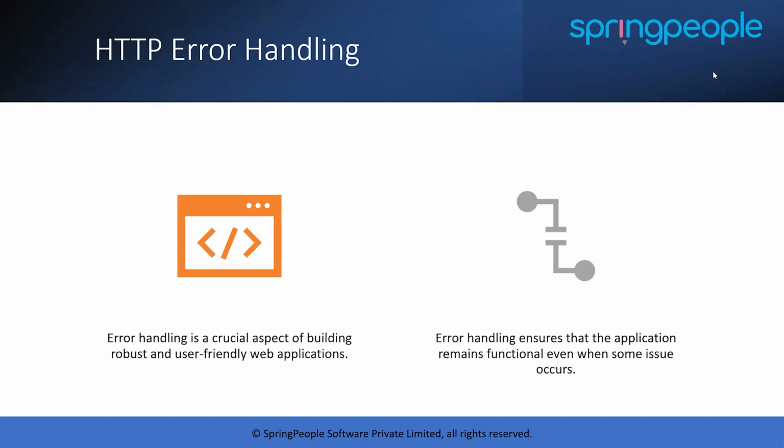Whenever we work with any kind of web application, error handling has to play a major part, to ensure that there is a very clean way in which your web application remains functional even after a particular issue occurs.